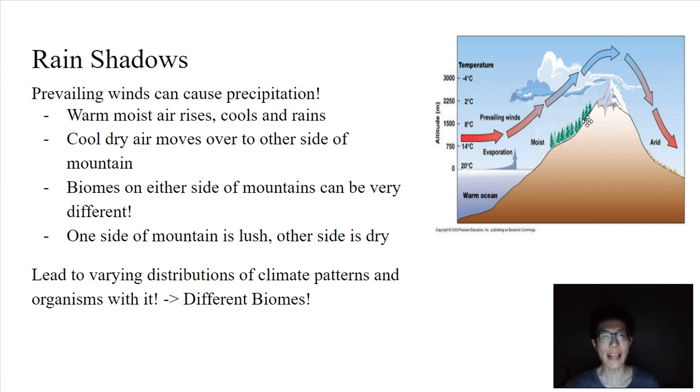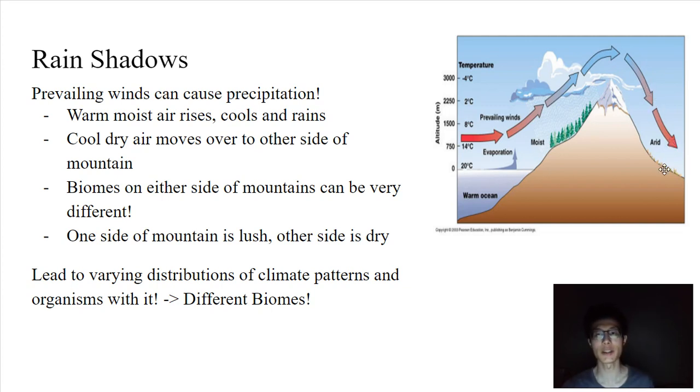What actually occurs then is that the cooler, dried air, the air that lost all of its moisture over here on this side facing the ocean, is going to continue moving up over the mountain towards the other side. But this air moving towards the other side is now completely devoid of water.